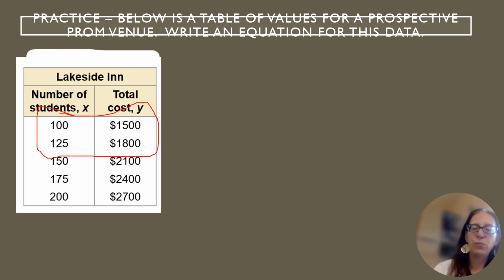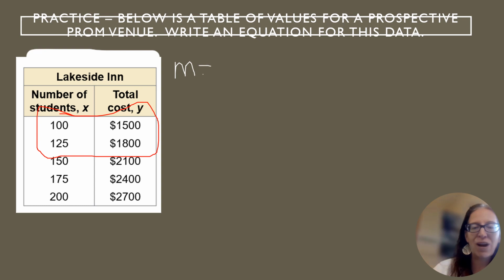You can pick any 2 points: the first 2 points, the last 2 points, the first and the last point, or any combination of points in between. I don't care what you pick. You just have to pick 2 points and stick with them. But because I prefer making my life easier, I will pick the smaller points.